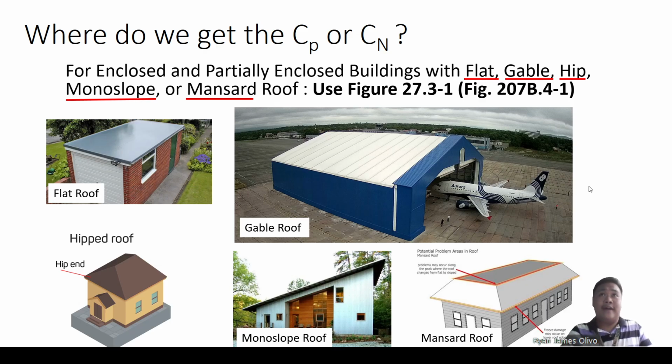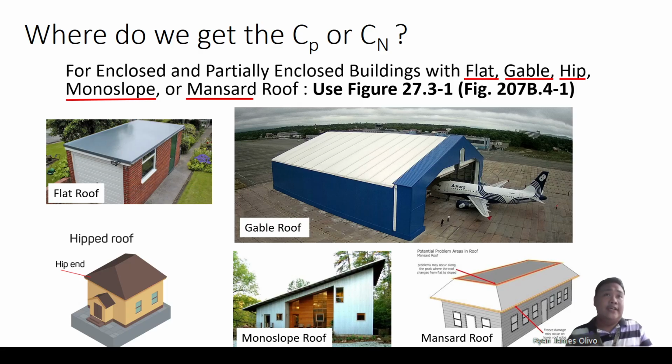By the way, if we have a partially open building, the fourth or the latest enclosure classification, we would consider it in the enclosed and partially enclosed, because a partially open building has internal pressure. As you can remember in the introduction to wind loading in the other videos, I will put the link there for that video.